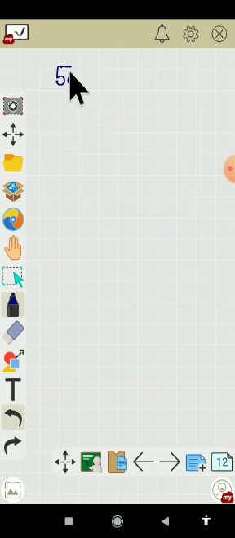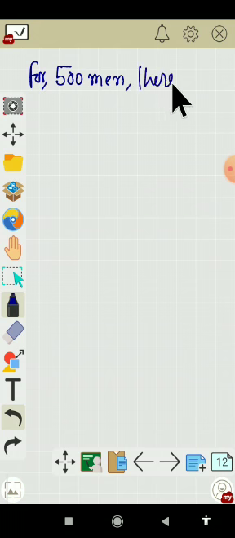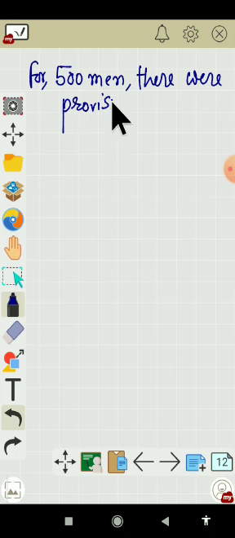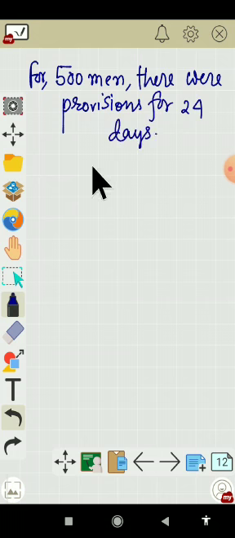Already it is given that for 500 men there were provisions for 24 days.